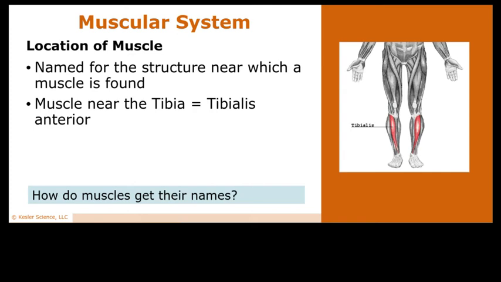In this example, you've got the tibialis anterior. Tibia means near, and anterior means front. So the tibialis anterior is the muscle in the front of the leg, the shin. This is where you're going to get shin splints if you're running a lot.